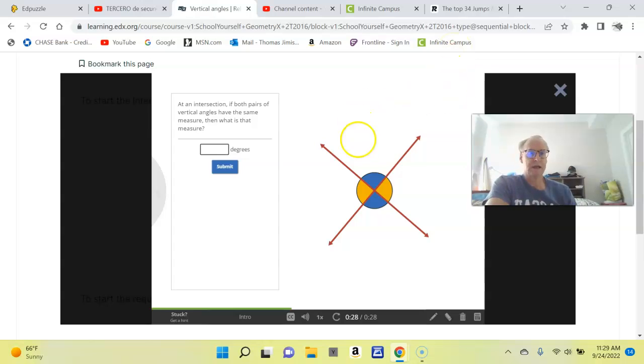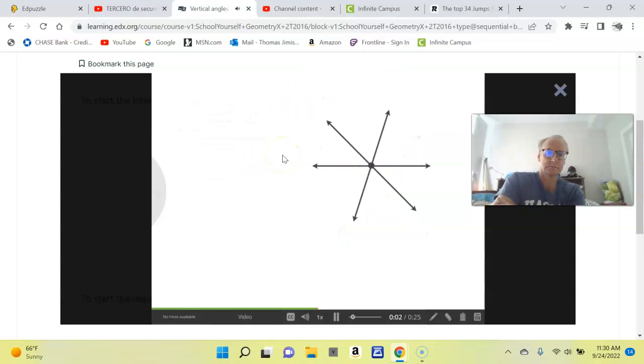And if they're all the same, this angle plus this angle plus this angle plus this angle, they're all the same. That's x plus x plus x plus x makes 360. Another way to think of it is that if these are both equal to each other, and they're all equal, then these two is 180 and they have to be equal. Anyway, lots of ways to go. And to get your answer, which is 90 degrees.